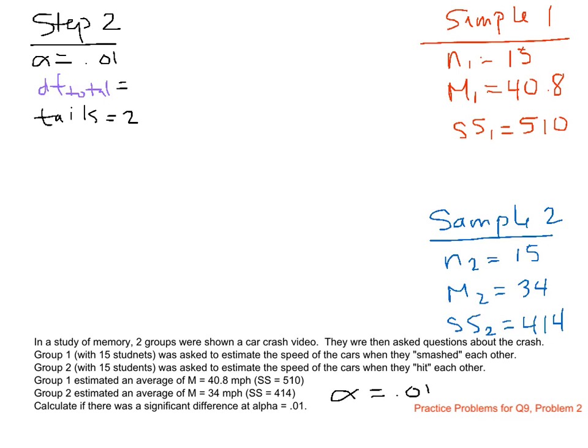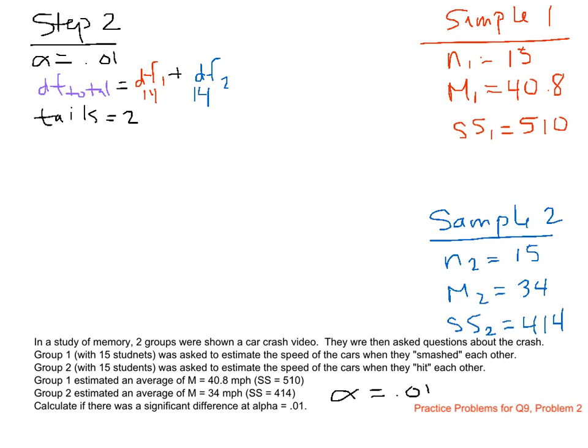Now, as for my df total, the equation I can use here is df1 plus df2. To calculate each of these dfs, let's start with df1. So to do that, I go to my n1, which is 15, subtract 1, and I get 14. To do df2, I go again to my n2, which is 15 also, subtract 1, and I get 14.